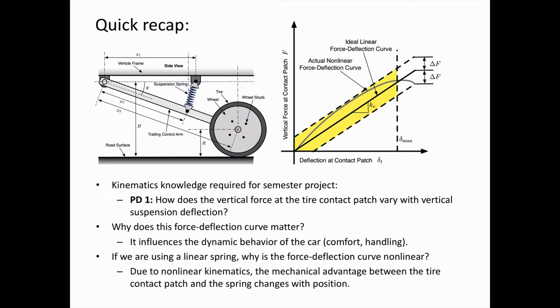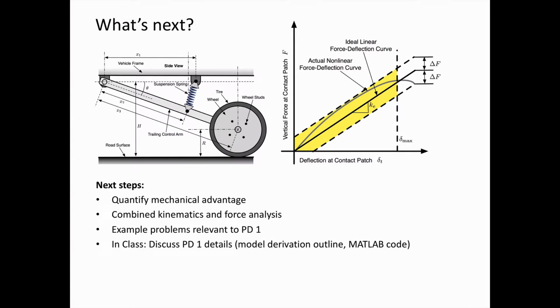It's due to the nonlinear kinematics, and another way of looking at this is the mechanical advantage between the tire contact patch and the spring. The compression on the spring changes with the position of the suspension, and that results in this nonlinearity.